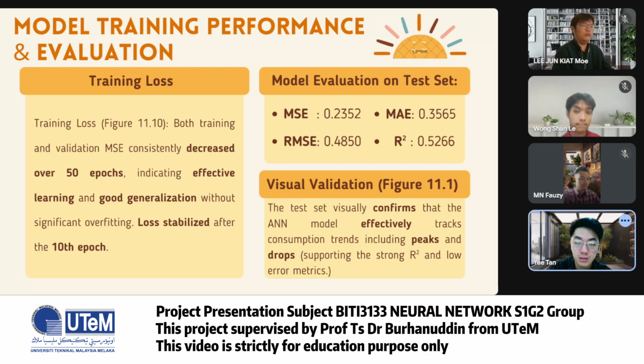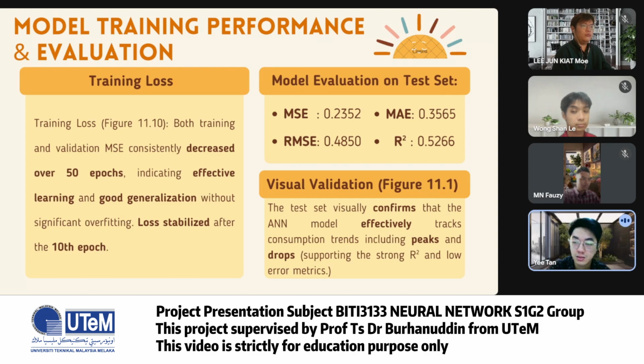About the training loss, both training and validation MSE consistently decreased over the 50 epochs, indicating effective learning and good generalization without significant overfitting. The loss stabilized after the 10th epoch.